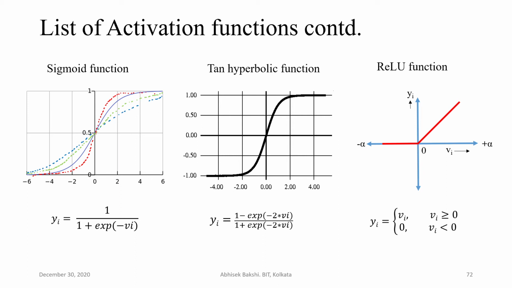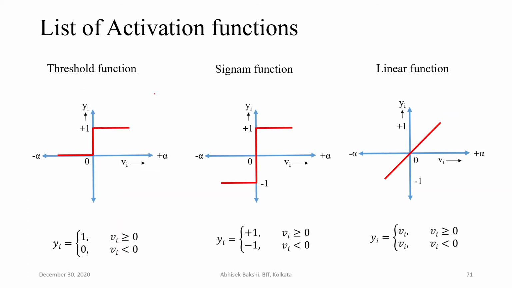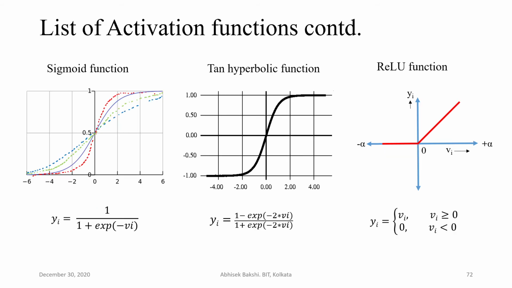Similarly, the tan hyperbolic function does almost the same thing, but here the range is -1 to +1. So basically you can assume that tan hyperbolic is the advancement of the signum function. In case of signum function, there is a hard boundary, either -1 or +1. But tan hyperbolic function says that we have an infinite number of values in between -1 to +1, and that is also non-linear and depends on the problem.